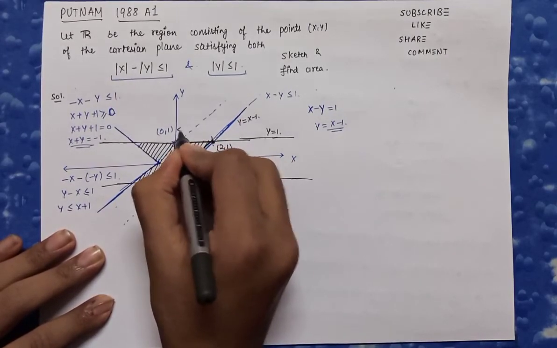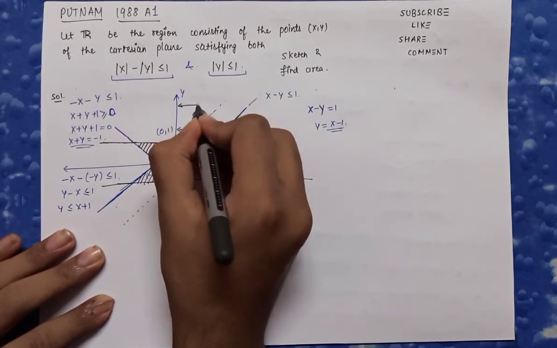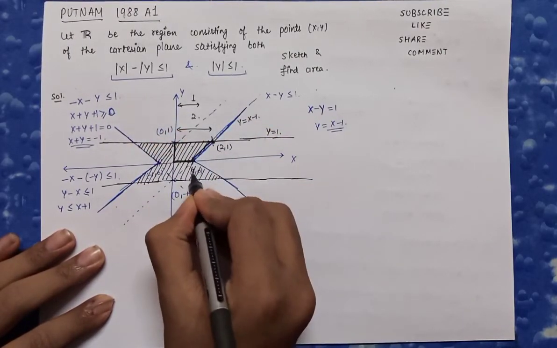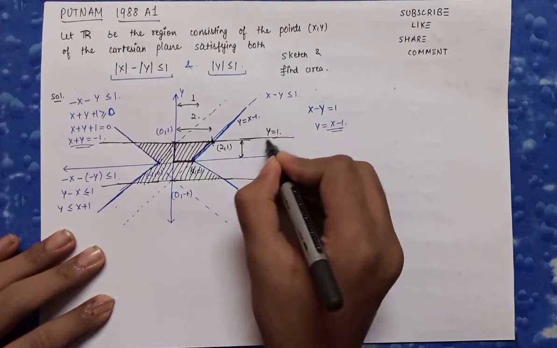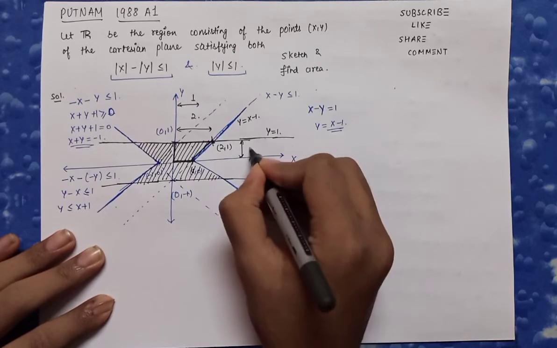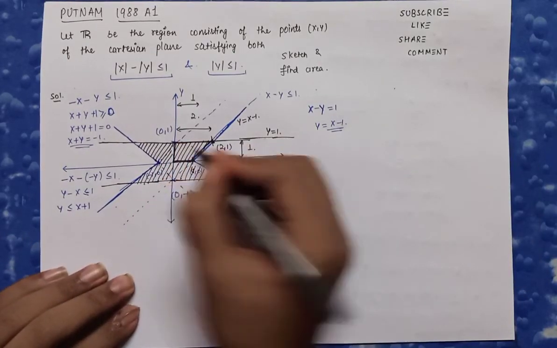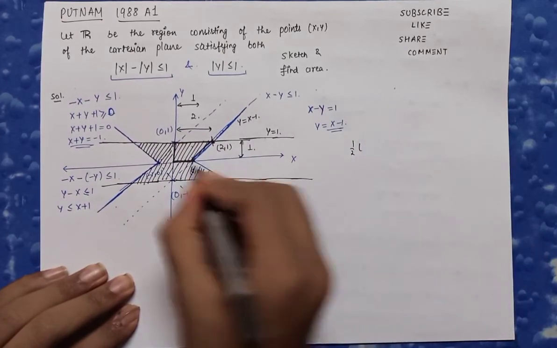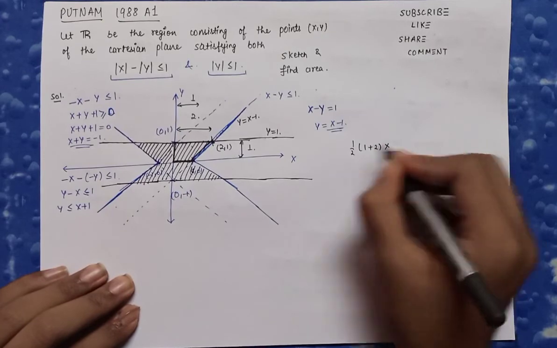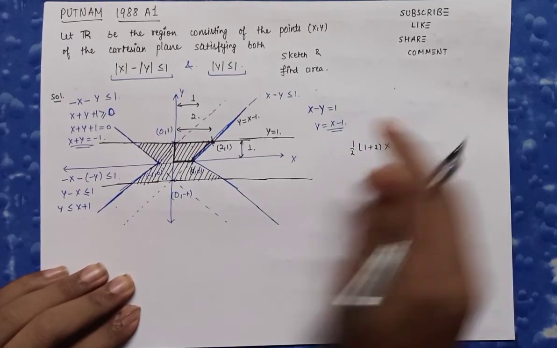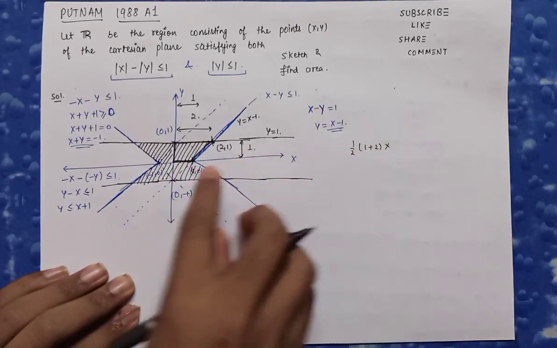So this length is 2 and this smaller length is 1, because we know this is 1 comma 0. The height is 1, because it is between y equals 1 and y equals 0. The area of this trapezium is half into the sum of the parallel sides, 1 plus 2, into the distance between the parallel sides, which is 1.